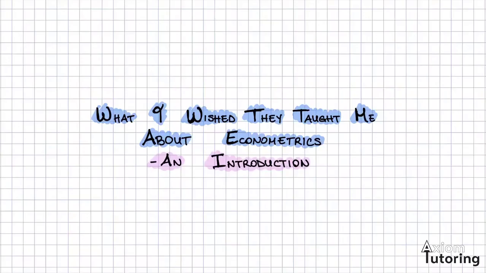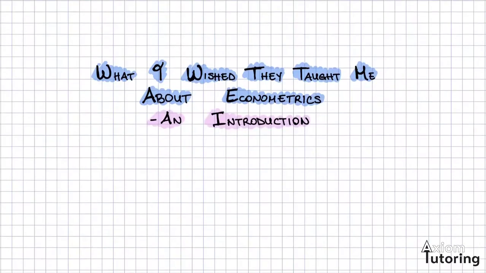We spent several videos learning what makes a valid instrument, but even when an instrument satisfies both relevance and the exclusion condition, one important question remains. Does it affect X strongly enough to be useful?